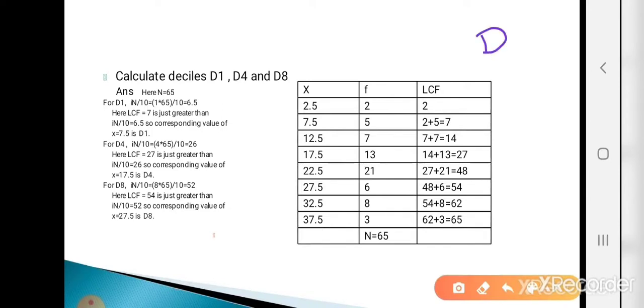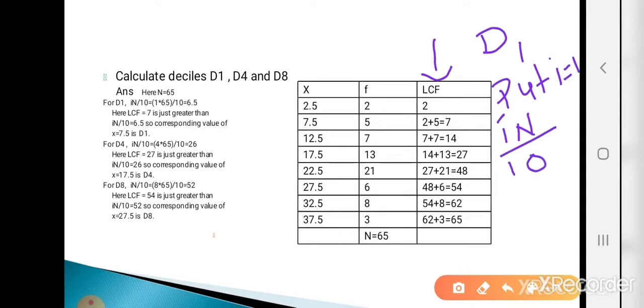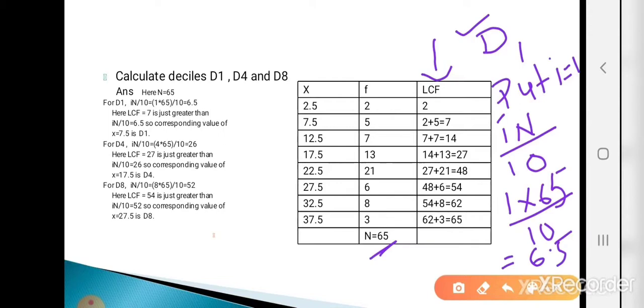Now see how to calculate D1. For calculating the value of D1, put i equal to 1. So the first step for calculating the deciles is to find out the values of LCF. The next step is to calculate the value iN divided by 10. For calculating D1, put i equal to 1. So 1 into, what is the capital N value? 65, divided by 10, that is 6.5. Now see the LCF value just greater than 6.5.